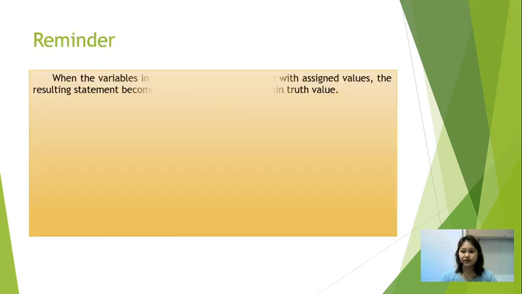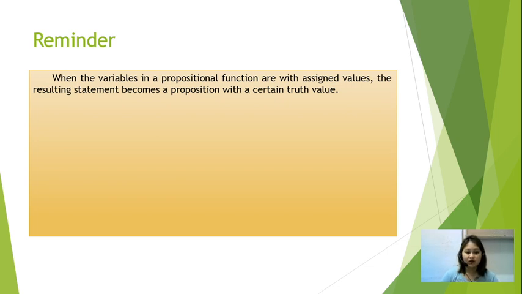To start with, I would like to talk about the word proposition and then the truth value. I would like to remind you that when we say truth value, it doesn't have to be true. Truth value means that it can be false or it can be true, depending on the values that you will use for the certain problem.